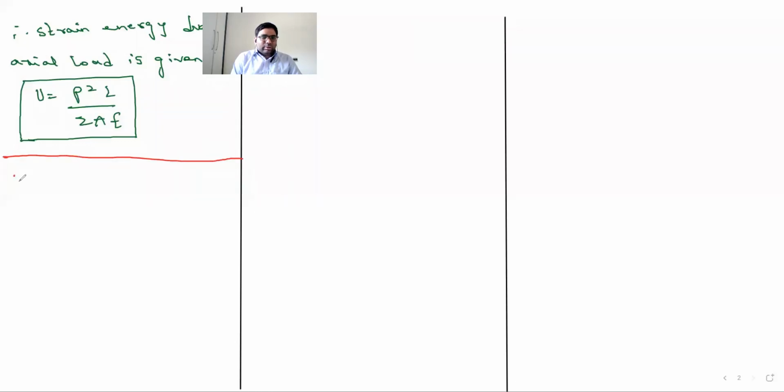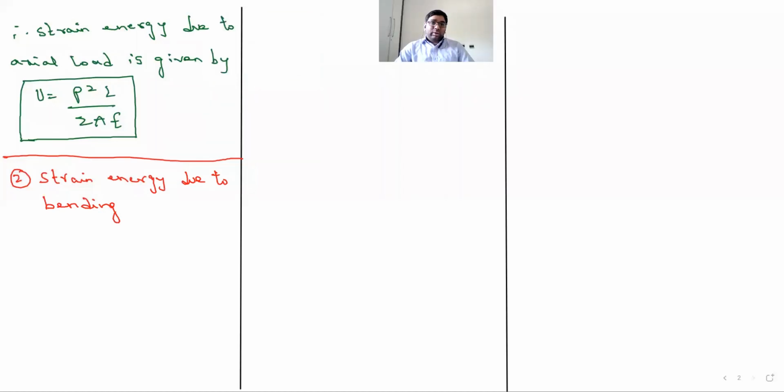Okay, so second topic is strain energy due to bending. Now this is also a very good concept to be understood, in terms of how an object, or a beam especially, behaves.